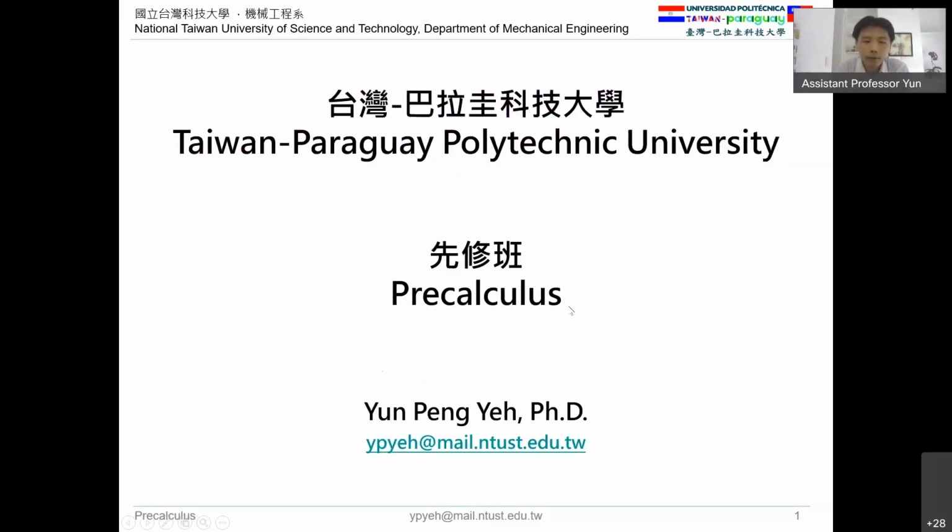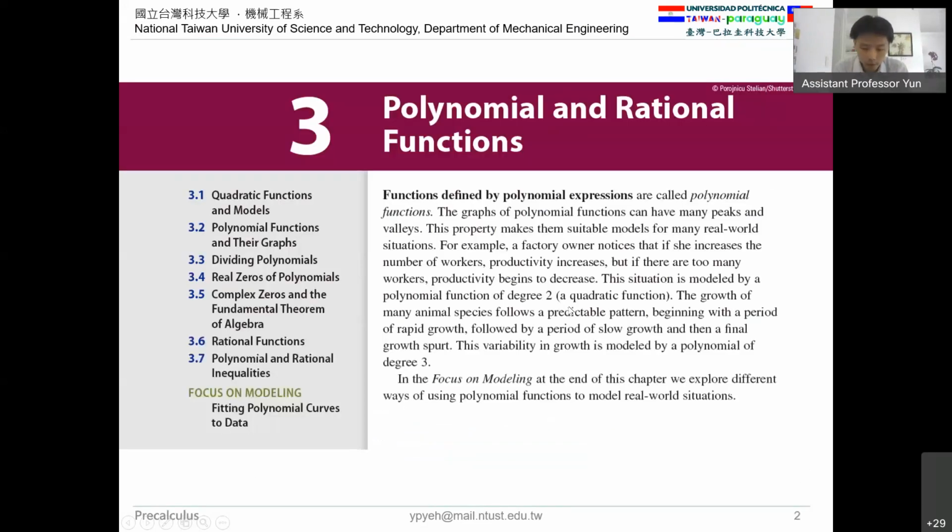So good morning, everyone, and today is another week, and we are continuing our lectures on pre-calculus. I think last week we introduced the polynomial functions and the rational functions, and I believe you all may know how to do some calculation or operation with the polynomial functions and part of the rational functions.